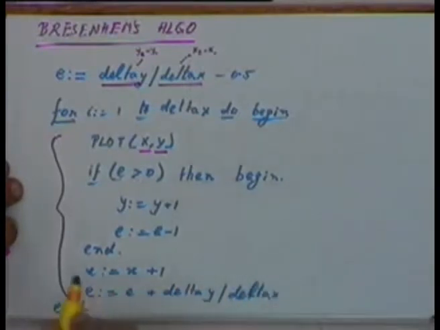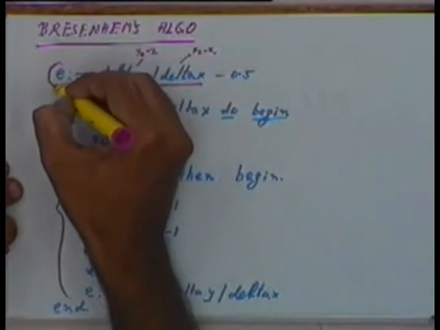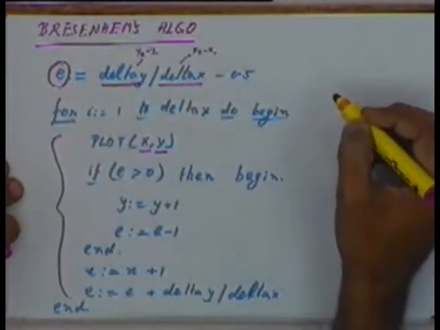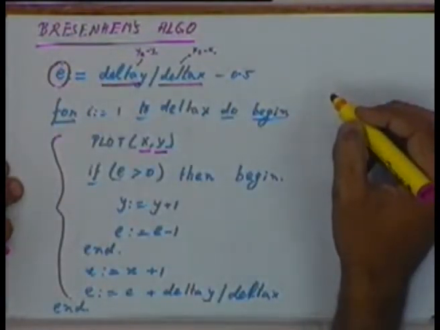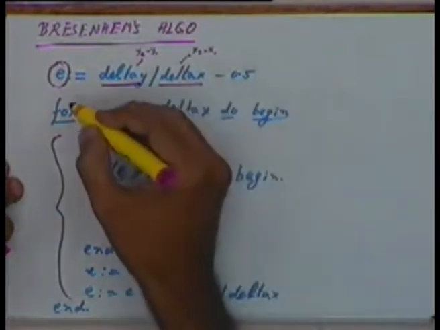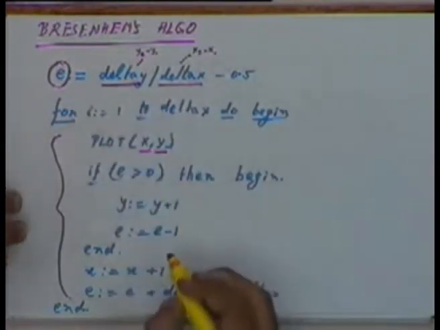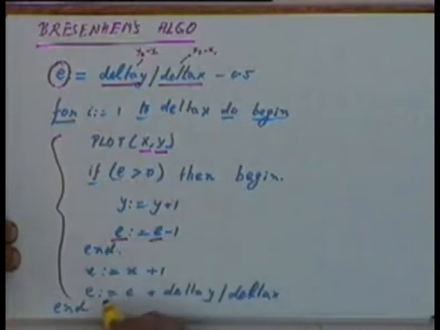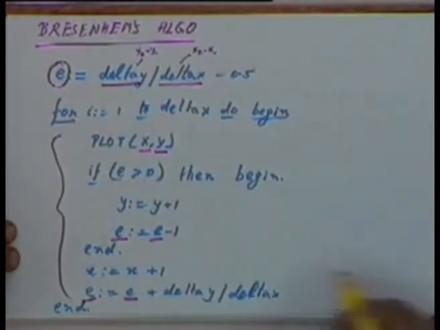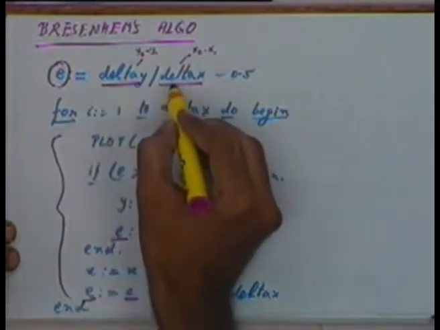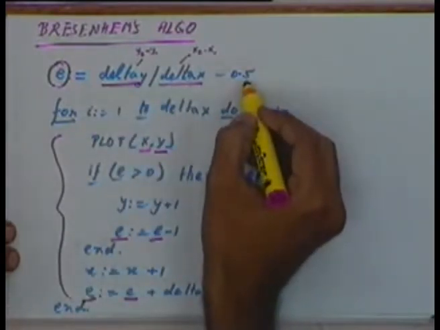The only thing that is not an integer here is this error term E. E has to be a real number. Similarly, all these are the places where E is being used. E has to be a real number because we are dividing two integers and we have a real number 0.5 coming in the picture.